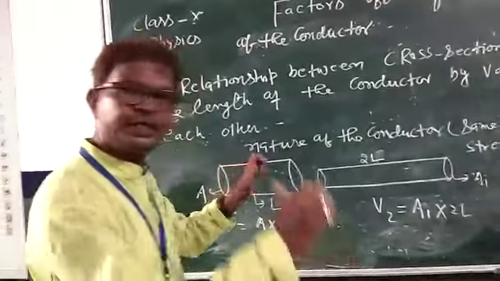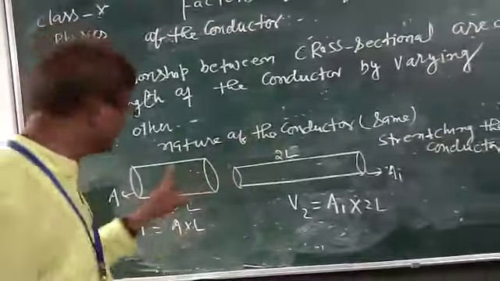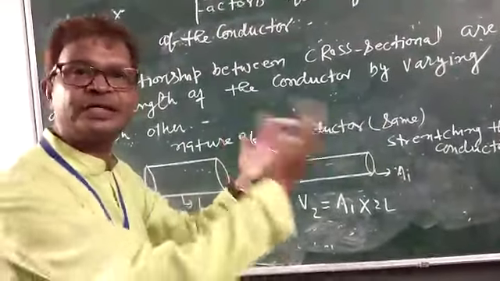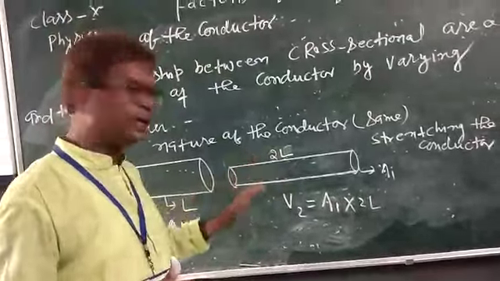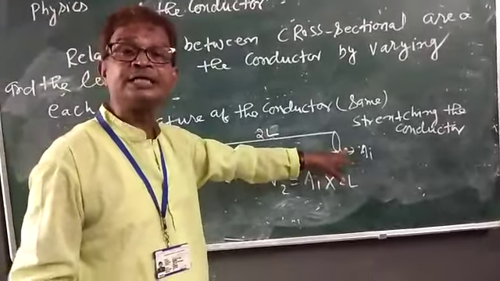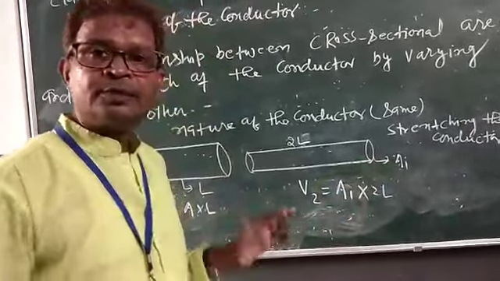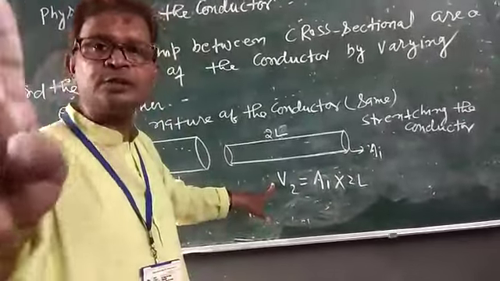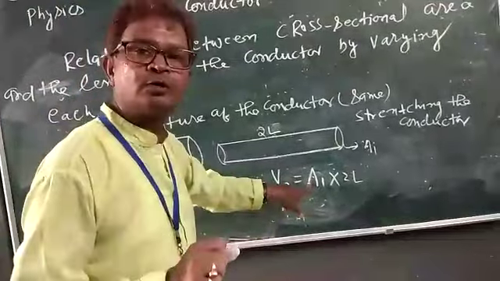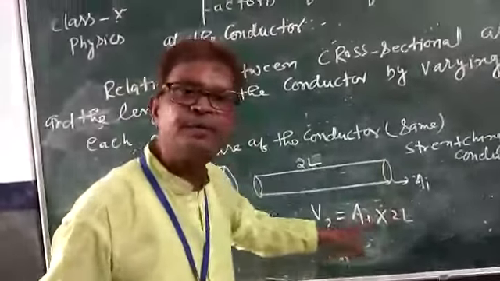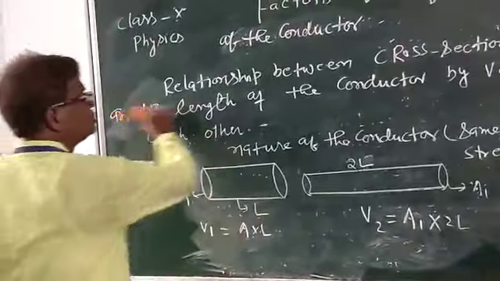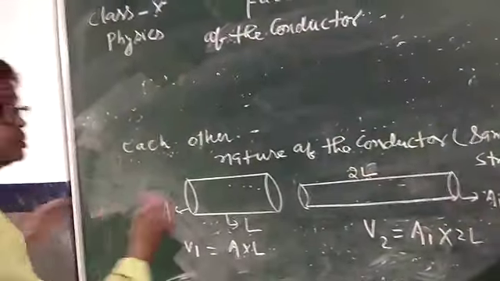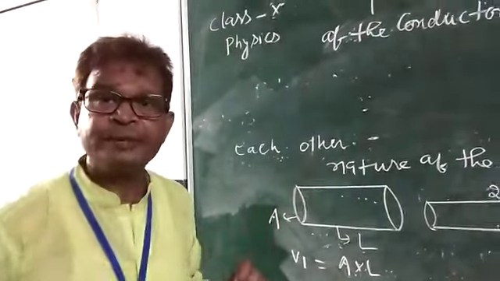The same conductor is stretched to twice its length. It means the length of the second one will be 2L and the cross-sectional area will change to A1. Then V2, the volume of the second conductor, will be equal to area into length, so A1 into 2L. As we know, if you recast from one substance to another, the volume will remain the same.